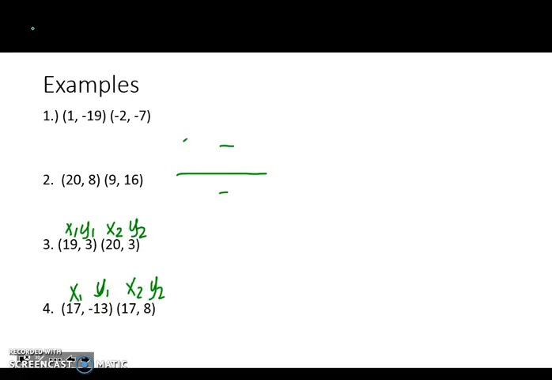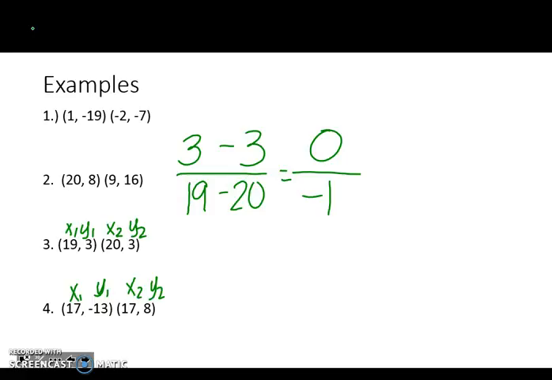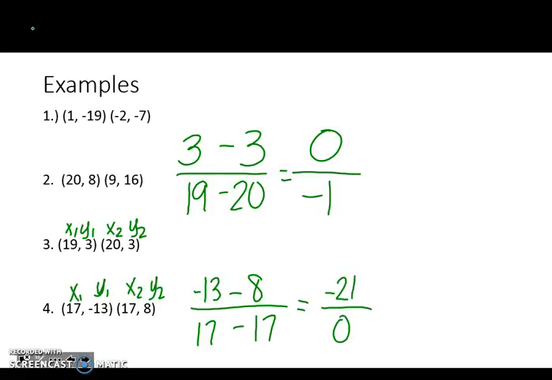On number 3, we should have 3 on top, another 3, and 19 minus 20. So we get 0 over negative 1. And over here we get negative 13 minus 8 and 17 minus 17. Again, guys, if you want to pause, you can. So we get negative 21 over 0.